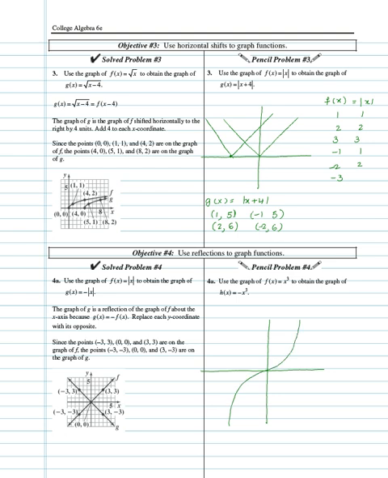Right? And say this point is 1, 1. And this point is negative 1, negative 1. So when I flip this graph along y-axis, this point, negative of x cubed, this point becomes negative 1 and 1. Right? And this point would become 1 and negative 1.